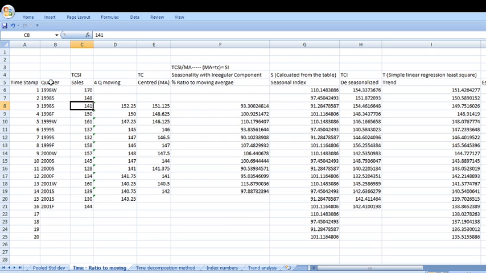If you remember, the first step was to decide upon the moving average order. Since it's quarterly data and we have many years of data, we take a moving average of 4, because we assume there are seasons within this, and the seasonality for a particular year can be seen in the 4 quarters. The way it behaves in those 4 quarters is the same way it is going to repeat in the next year as well.